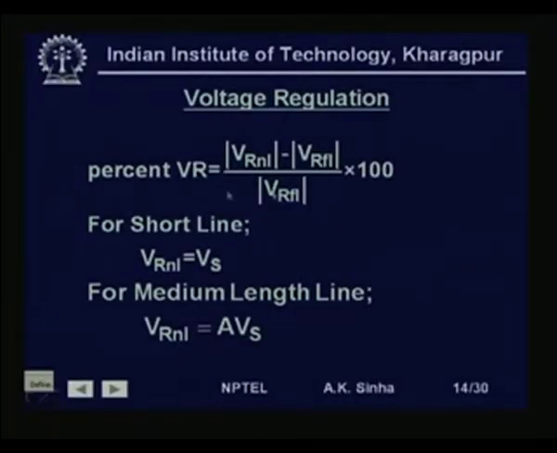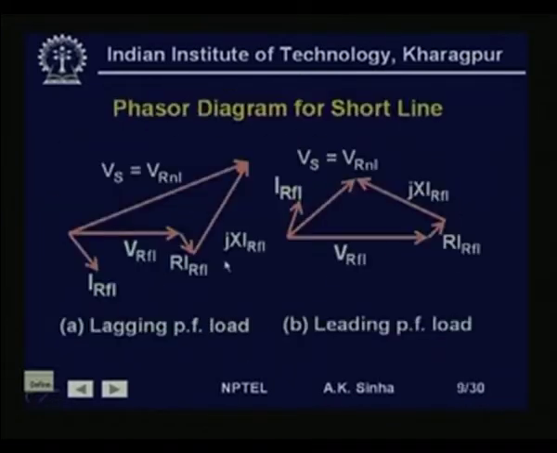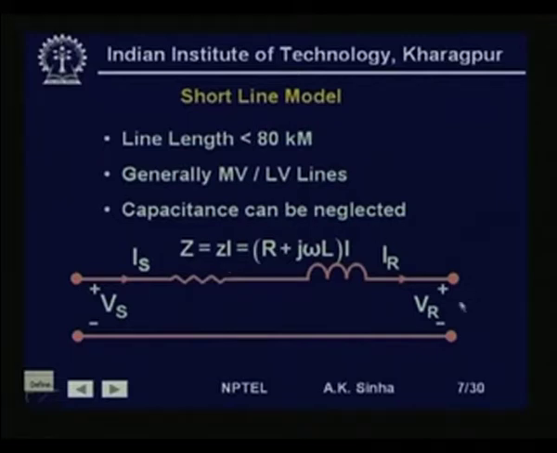Therefore, if we see here for the short line, when we want to calculate the voltage regulation, we need to calculate the voltage at the receiving end at no load, and as we have seen earlier, the voltage at the receiving end at no load for the short line is nothing but equal to Vs, that is when IR is equal to 0, that is IR and Is both are equal to 0, because there is only one current, Is and IR are equal.